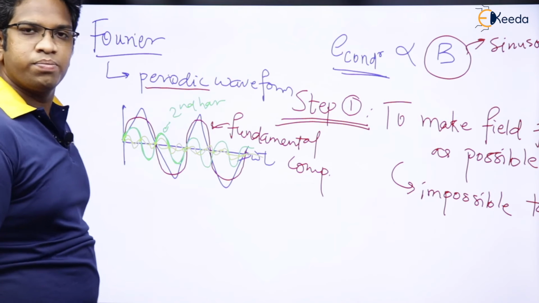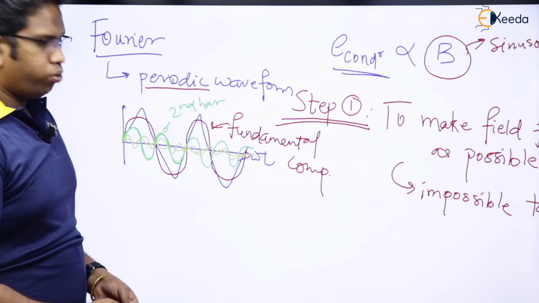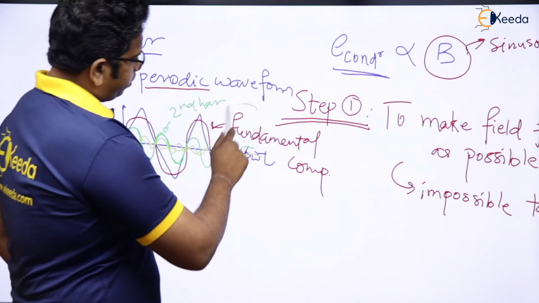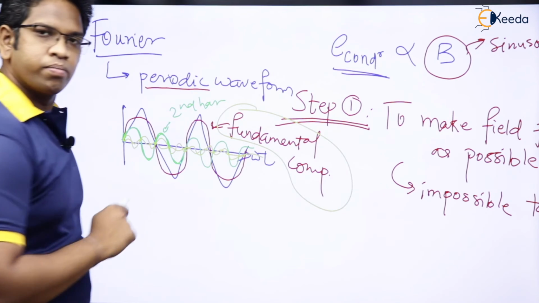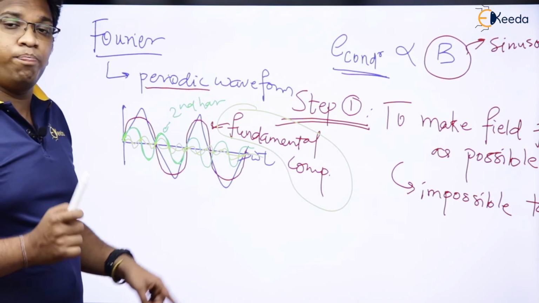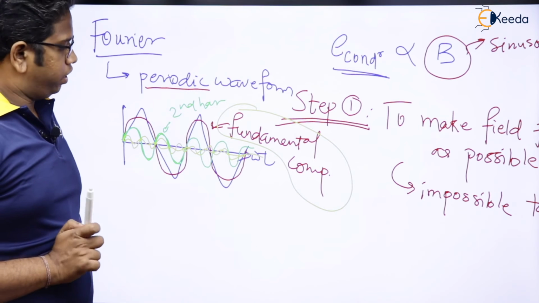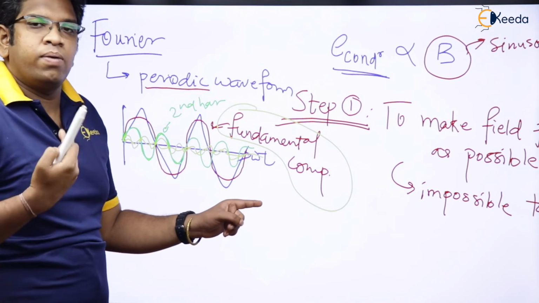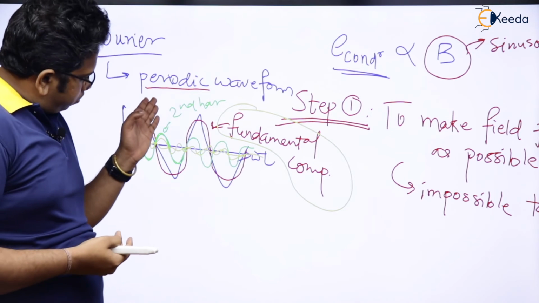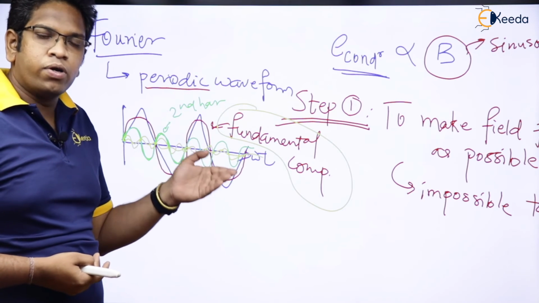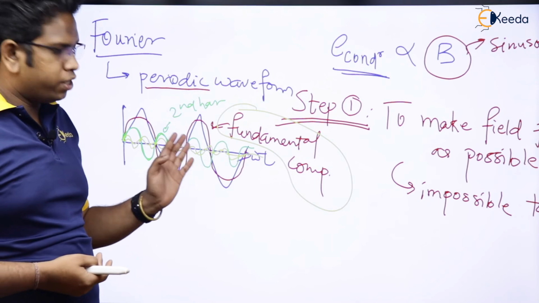All are sinusoids, right? So what I am saying is, we want only this fundamental component. That's it. Because this particular fundamental component is nothing but the pure sinusoid. Now, this fundamental component is added with some harmonics like second order harmonic, third order harmonic, fourth order harmonic, and so on.